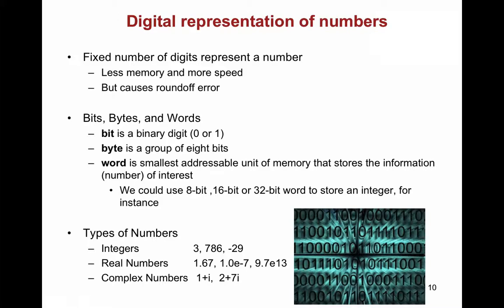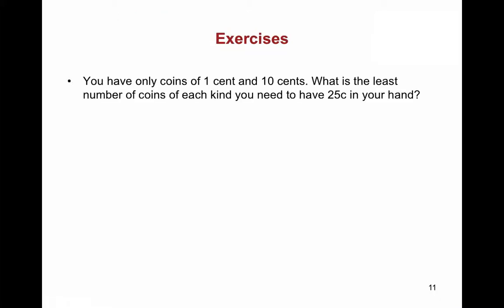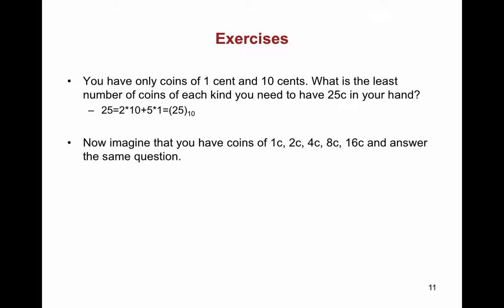Okay? So let's figure out how we represent numbers. We had this exercise last time where I realized, okay, 25 is 2 times 10 plus 5 times 1, and I can do the same exercise for base 2. I just now imagine I have coins of 1, 2, 4, 8, 16, which are basically powers of 2.